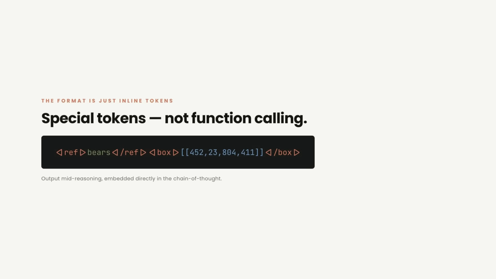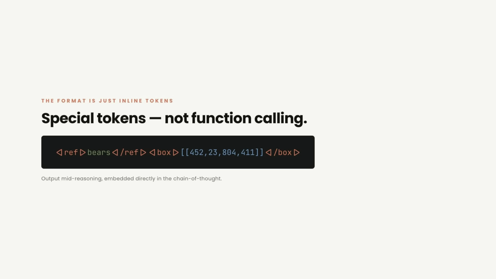The model literally outputs a reference tag with a label, followed by a box tag with two corner coordinates. These are special tokens in the model's vocabulary. It's not function calling. It's not a separate tool. It's part of the chain of thought. You can actually see why this is a really, really powerful idea.